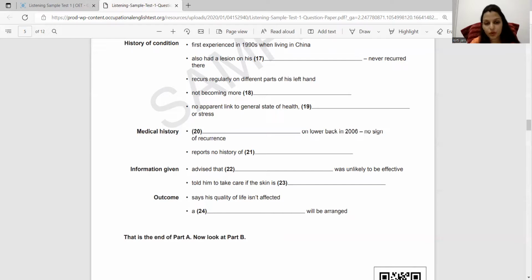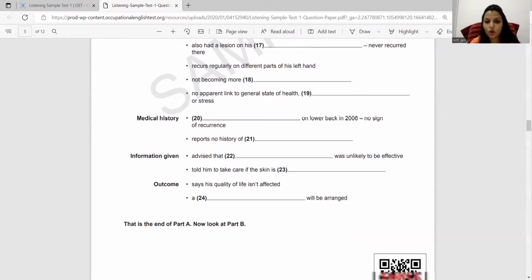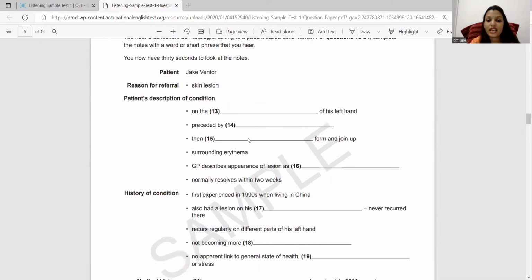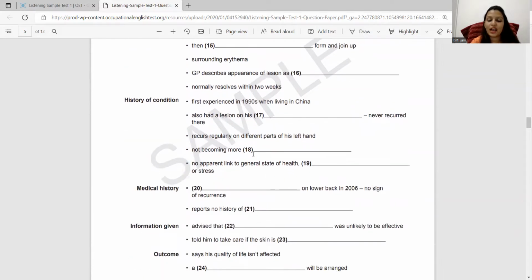Now, once you finish predicting within 30 seconds, the audio will be played and you will have the chance to write your answers exactly as you hear them in the given blanks. I hope you understood how to increase your prediction skills. Now, I would like to move towards some general instructions.